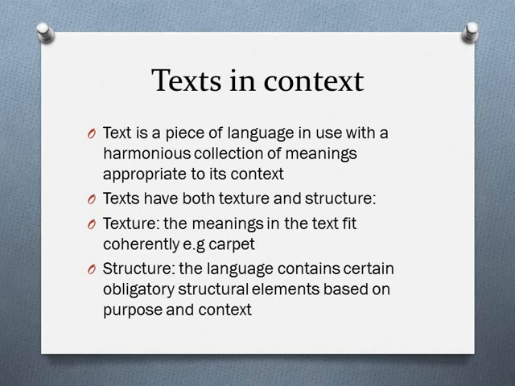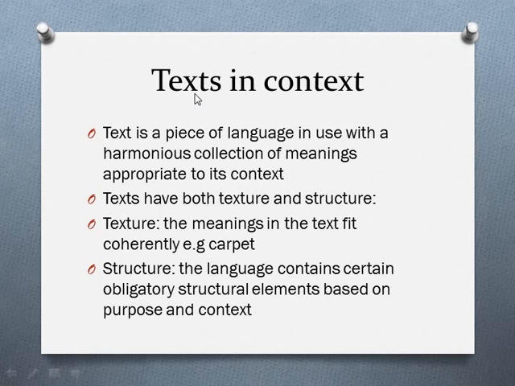I'm going to show you later the position of functional grammar. First, still in the first part of this introduction, we have to understand the meaning of text, because text is going to be the main point of the discussion. So what is text? When we talk about text, we tend to refer to written work.